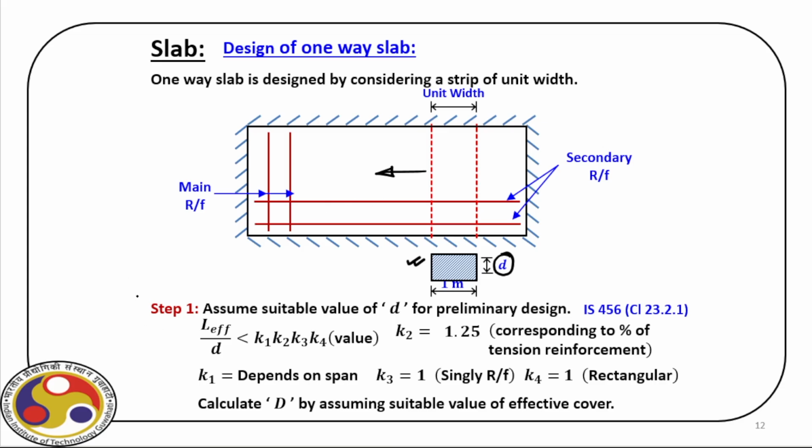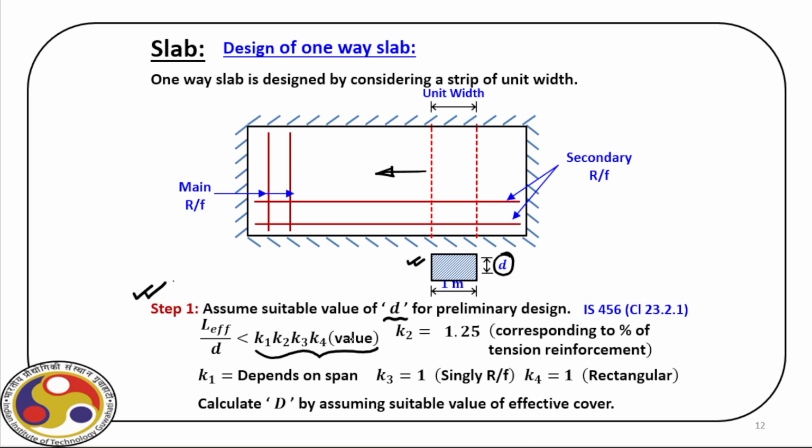So step 1 for this one-way slab design is to assume a suitable value of D for a preliminary design, because we have to first select the depth of the slab. For that we have this L effective by D, and that should be less than these factors times a value that I have already explained. So these are the different factors. We have 4 different factors. K1 that depends on span.